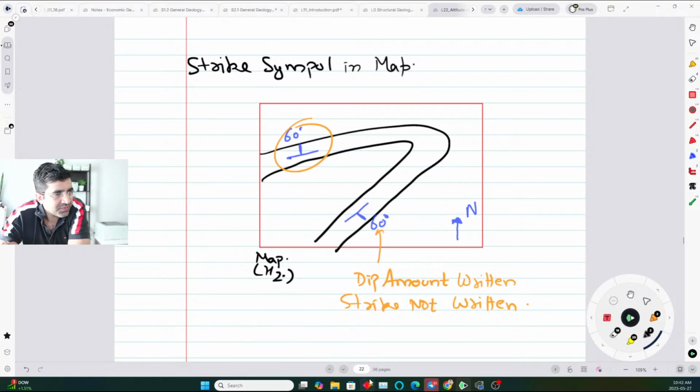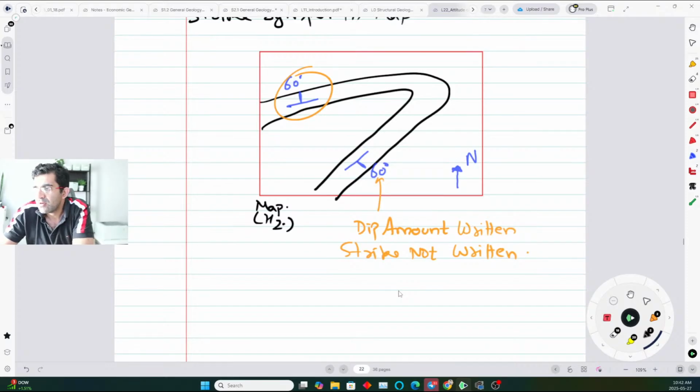Because there is a 90-degree relationship between the dip direction and the strike. But nothing is mentioned, neither dip direction nor strike direction. So there is dip amount, but dip direction will be 90 degrees to strike direction. But dip amount is written.